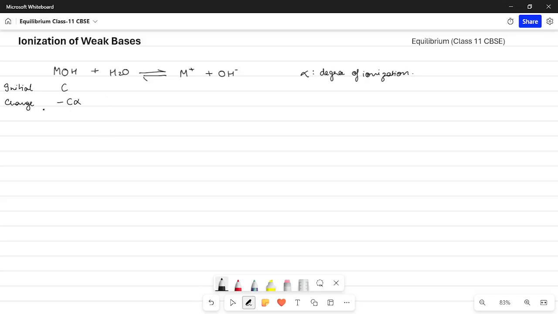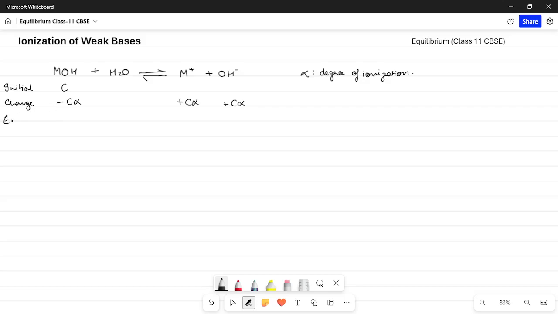So there is a decrease in concentration by C into alpha. The next one is an increase in concentration, obviously, because there is going to be an increase in the concentration of M plus. And similarly, you'll have an increase in the concentration of OH minus by plus C alpha.